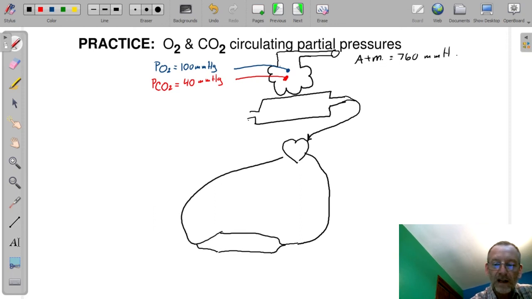And then that goes back to the right side of the heart. And then we go back to the lungs. And we'll call this the tissue capillaries.